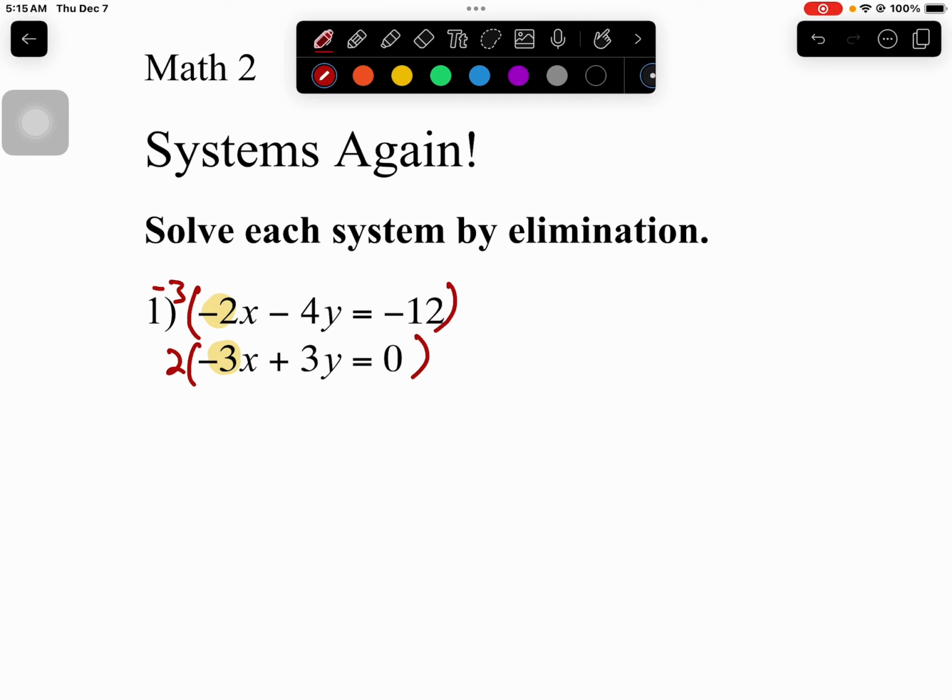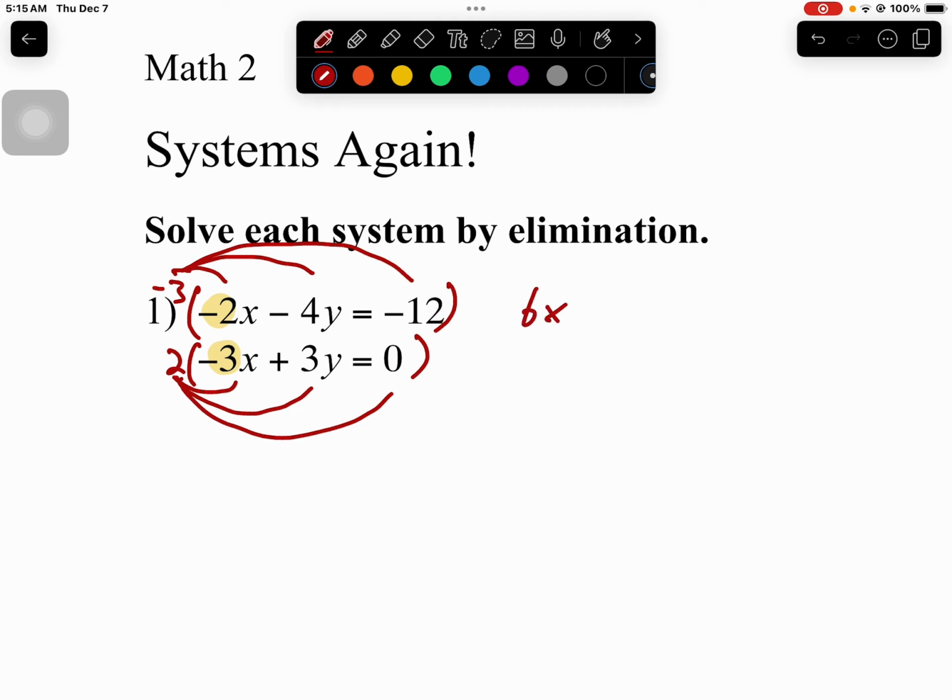But notice how I'm multiplying by the other equation's x coefficient, right? The negative 3 is like that. The 2 is like that, okay? So then you just do a whole bunch of rainbows because you got to multiply everything by that number. So then you just rewrite it.